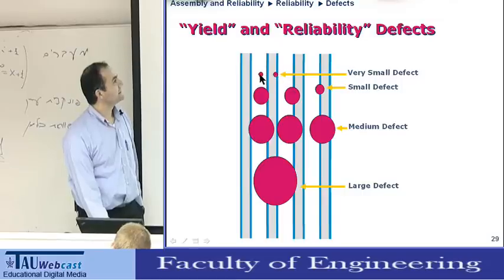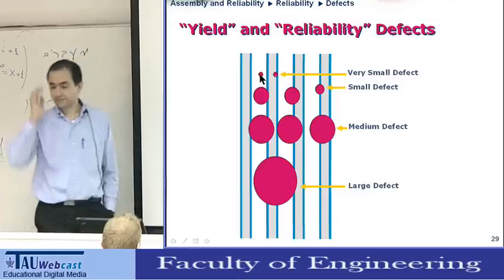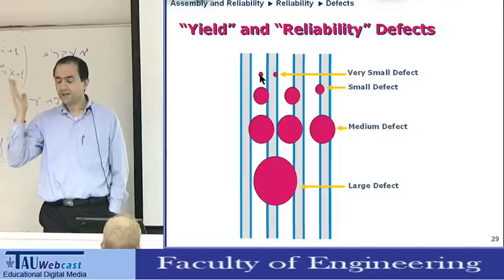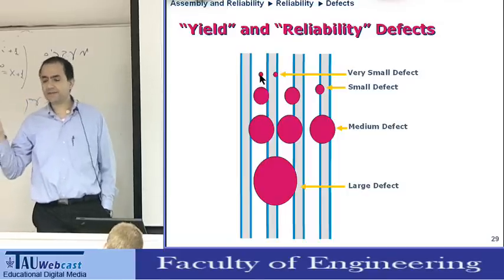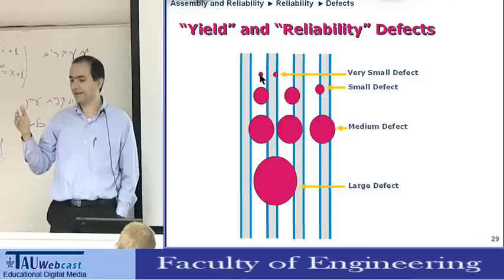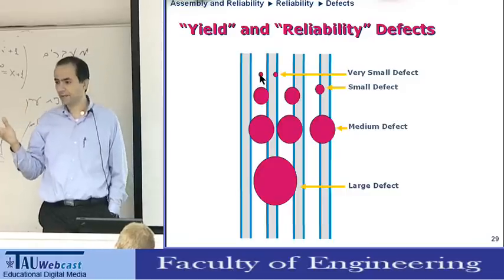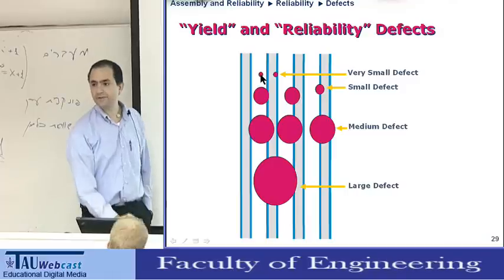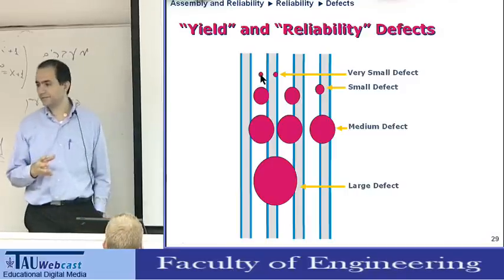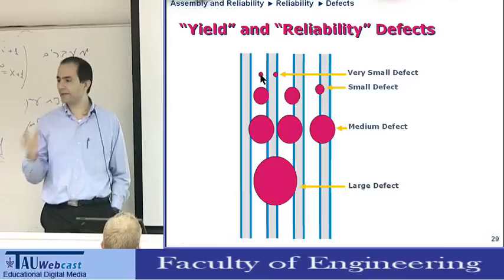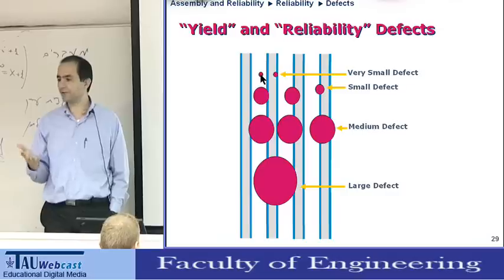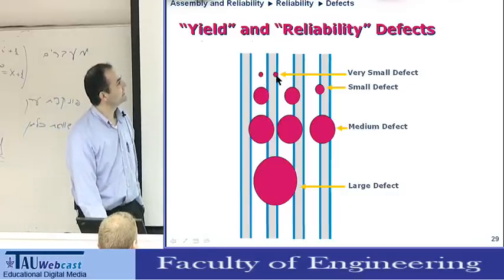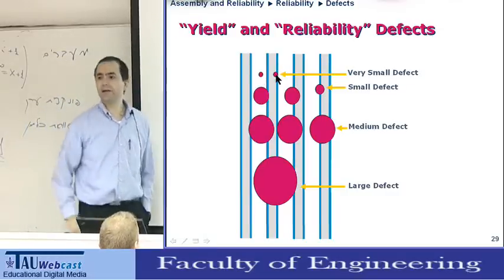Is this defect a killer? Probably not. It's probably even not a reliability problem, because this particle is buried inside an insulator. Even if it's conductive, it doesn't matter. It's insulated, and it will not have any interaction with its surroundings. Is this particle a reliability problem?